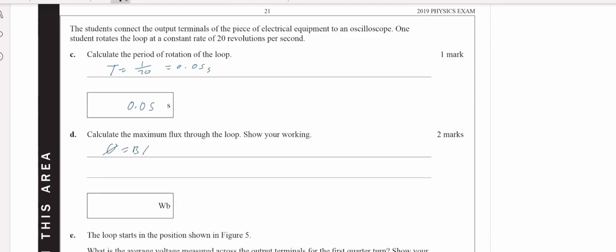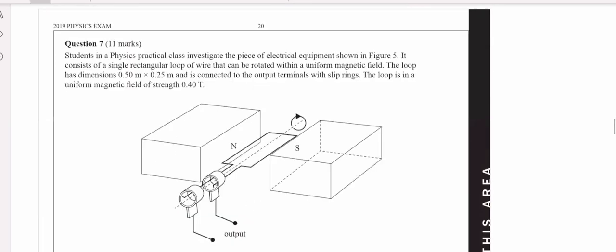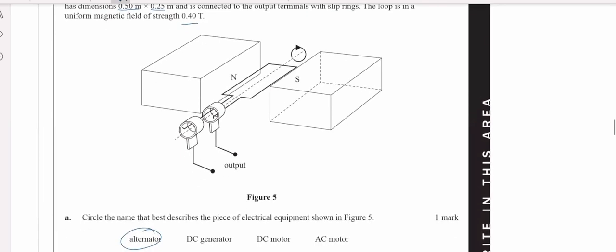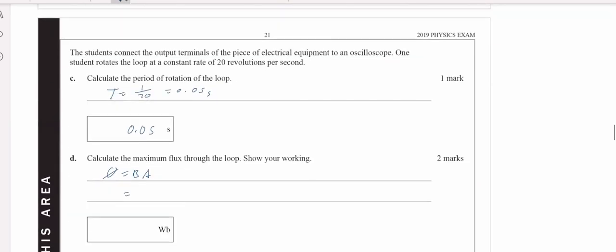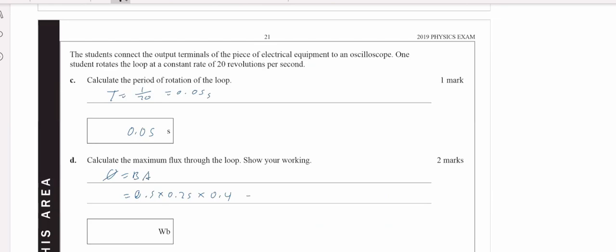Flux is BA. They give us the dimensions and the B field strength, 0.5, 0.25, 0.4, 0.05 webers.